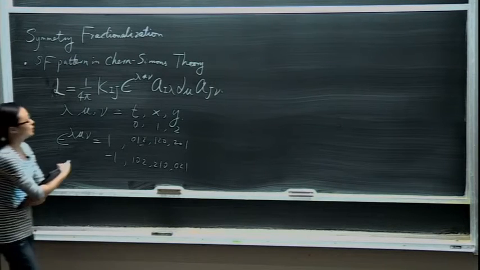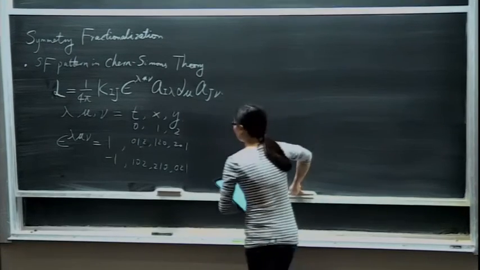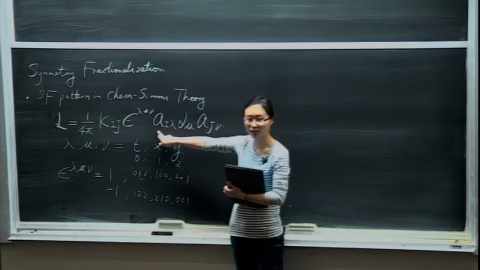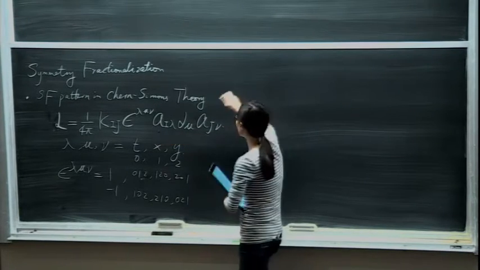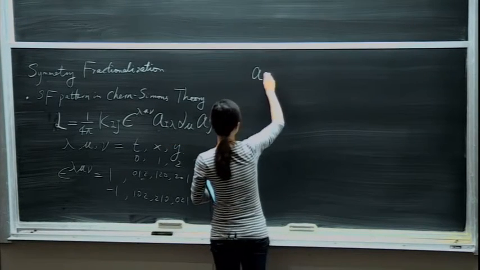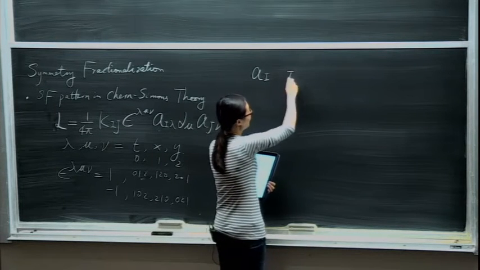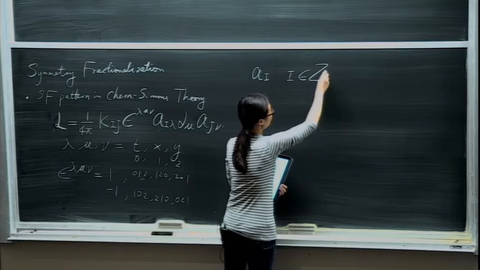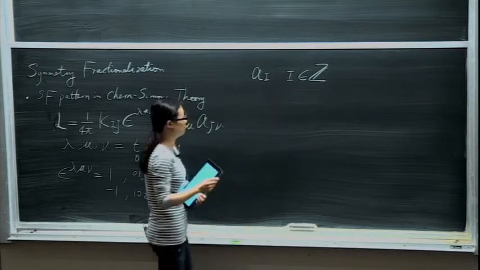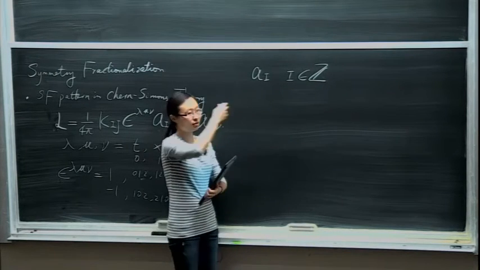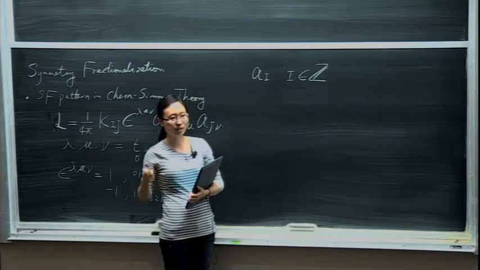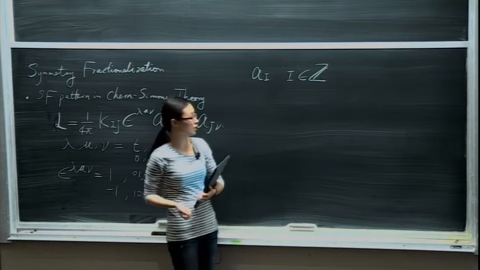And these A's are the U(1) gauge fields. We have sublabels for them. These I's take values in the integers, and we can have I being 1 and 2, or 1, 2 and 3, depending on the theory you care about.